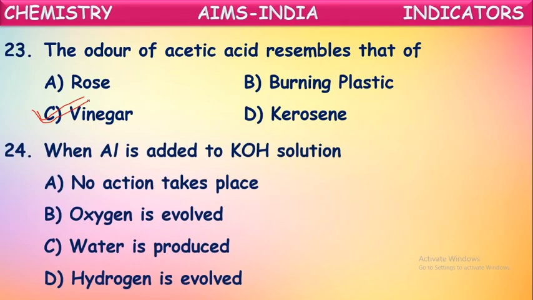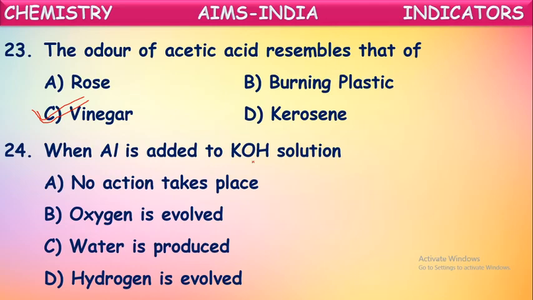Next, when aluminium is added to potassium hydroxide, which gas is evolved? We know aluminium on reaction with potassium hydroxide forms metal salts, potassium aluminate it is called. Potassium aluminate is formed, and along with that, hydrogen gas is evolved.